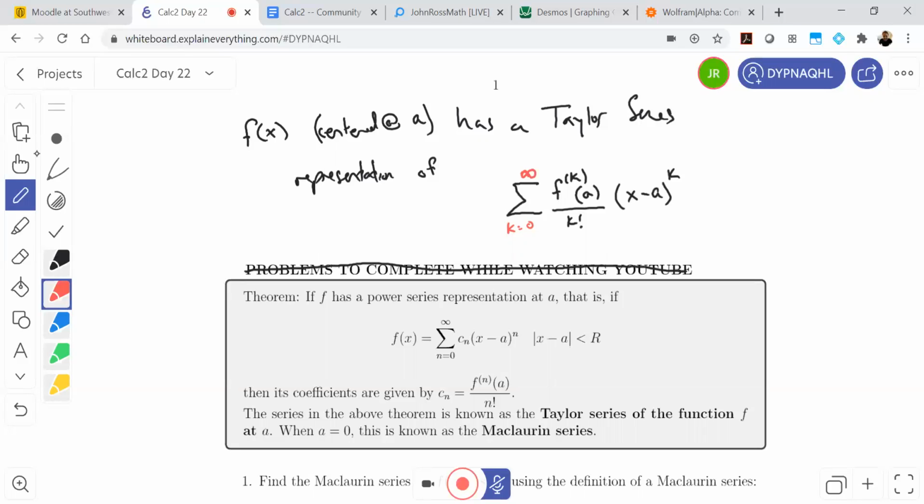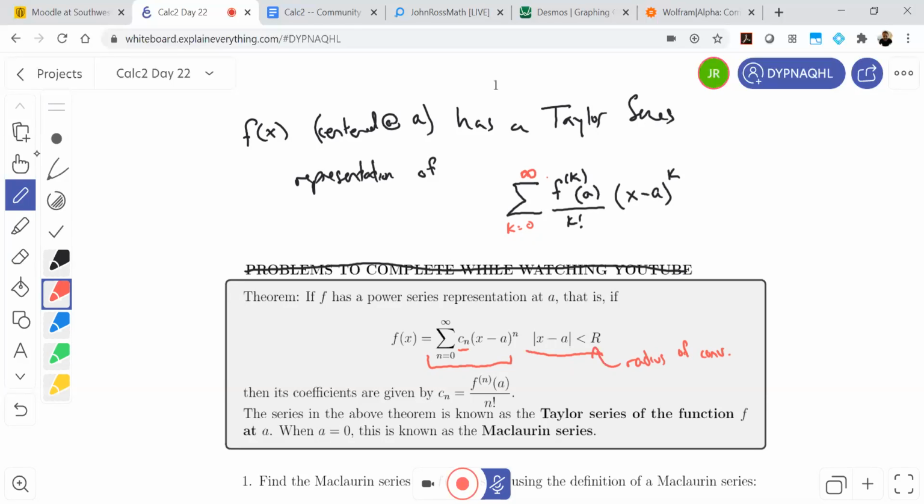We end up with this powerful theorem that says if a function f has a power series representation at a, and if the function is defined in this way for values that are within the radius of convergence, then the coefficients of that power series are given by the Taylor polynomial coefficients.